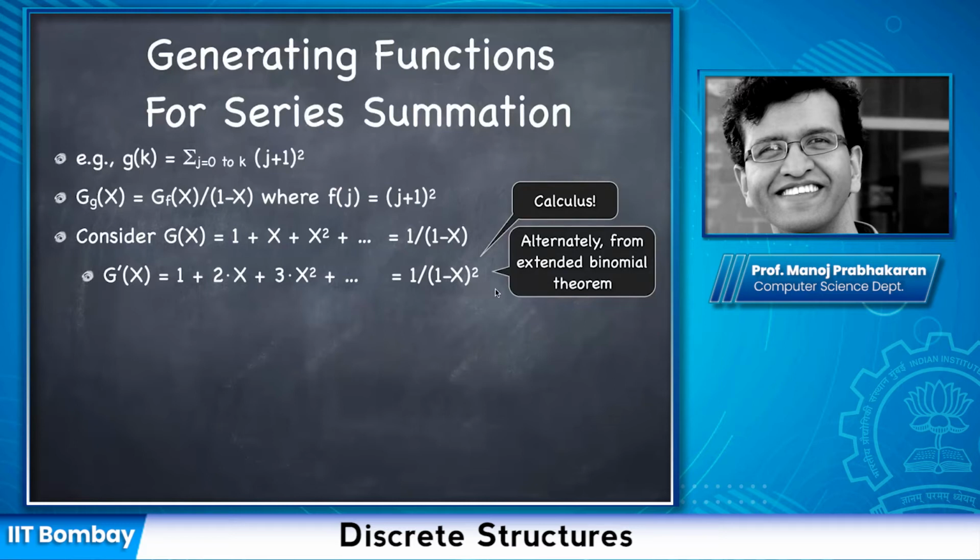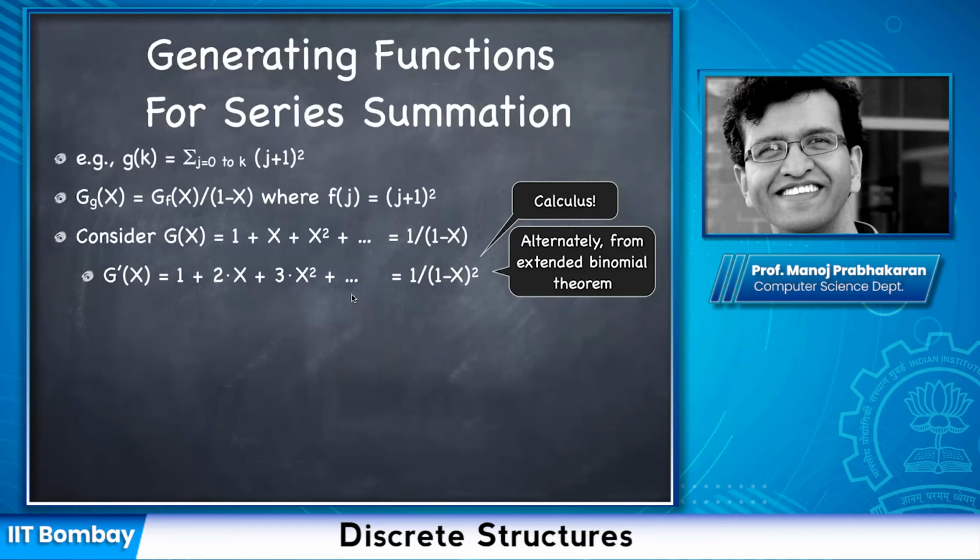If you just expanded 1 divided by (1 minus x) the whole squared, so (1 minus x) to the power minus 2, using the extended binomial theorem, this is exactly what we would get. And we saw this. But let me continue manipulating this expression by doing a formal application of derivatives.